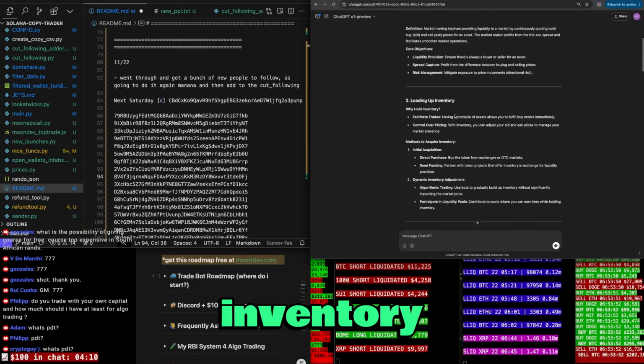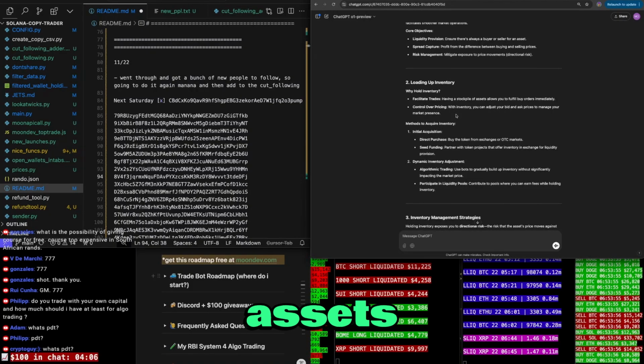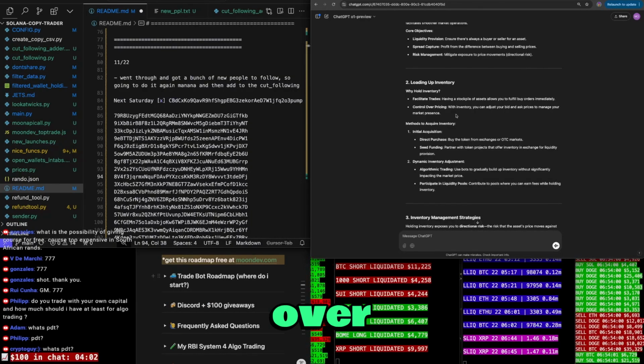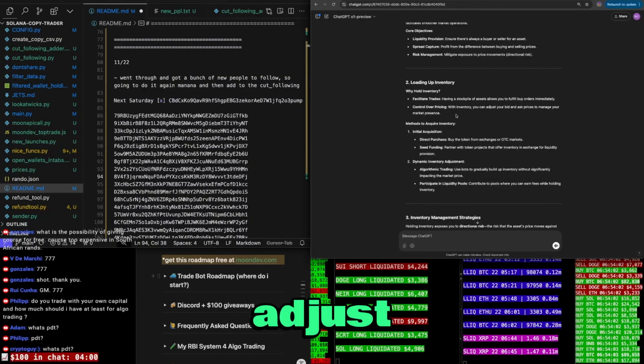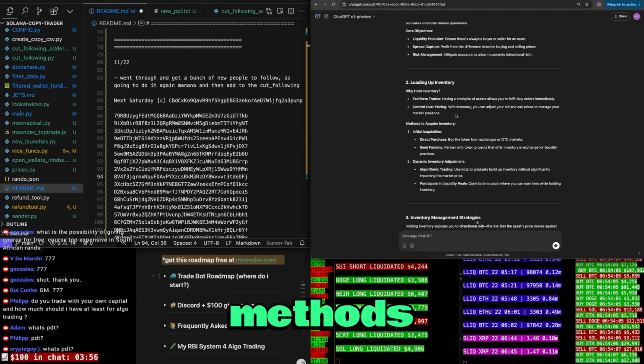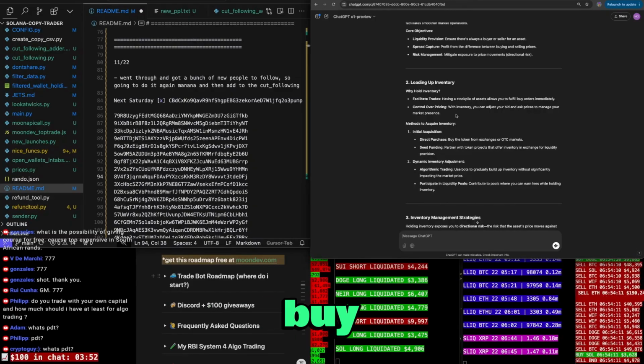Loading up inventory. Why hold inventory? Facilitate trades. Having a stockpile of assets allows you to fulfill buy orders immediately. Control over pricing. With inventory, you can adjust your bid and ask prices to manage your market presence. Methods to acquire inventory: initial acquisition, direct purchase, buy the token from exchanges or OTC markets.